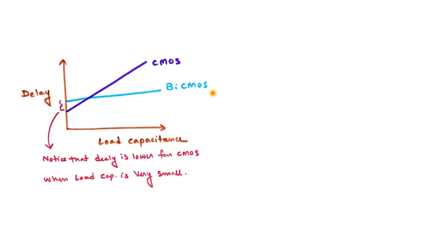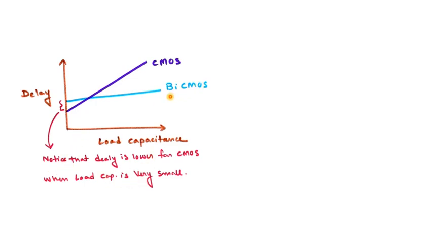And you can also notice from this plot that for small load capacitance region, that is particularly this region, the performance of CMOS is better than that of BiCMOS, which is also mentioned here.